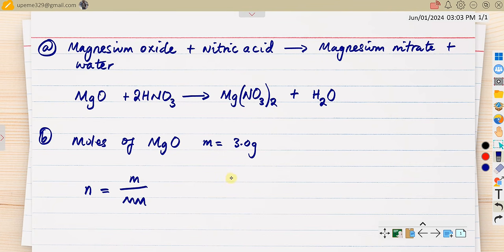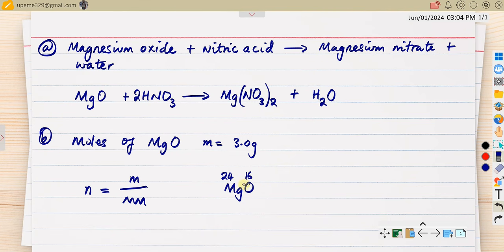The molar mass of magnesium oxide is found from the relative formula mass of magnesium oxide. You know magnesium oxide is capital M, small letter g, and capital O. On the periodic table, the relative atomic mass of magnesium is 24 here, and that of oxygen is 16. So what we can do here is just sum these up.